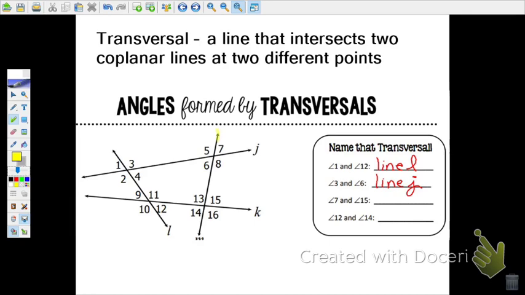So angle 7 and angle 15. What would be my transversal for this one? Line M. And then my last angle pair, we have angle 12 and angle 14. What's my shared line there? Line K.